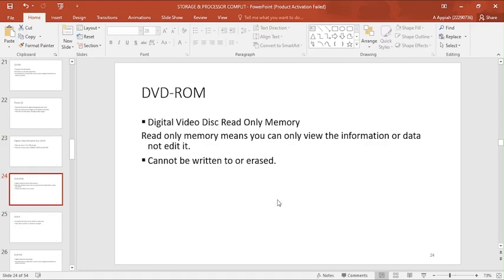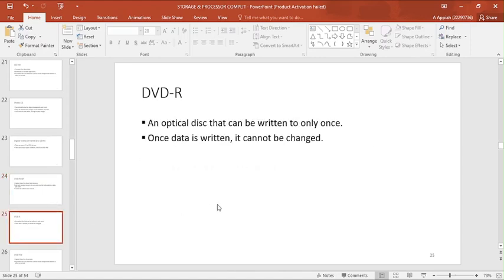So DVD-ROM, the same principle applies here. It's a read-only memory, which means you can read or view the data and cannot edit it. So you cannot write or erase once the data is put on it.